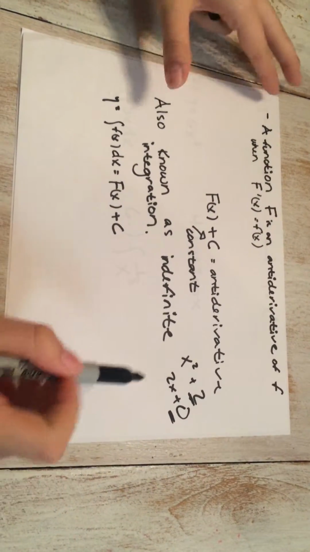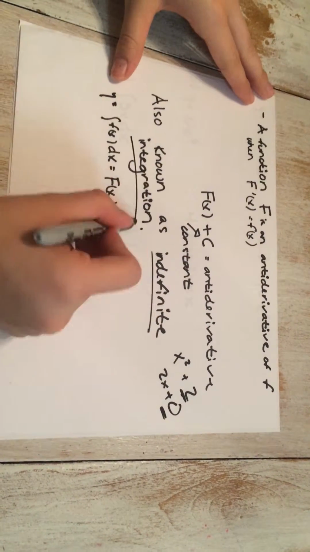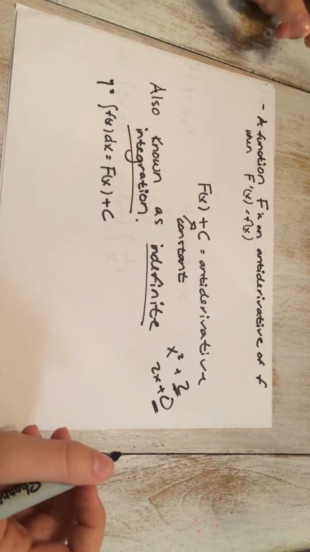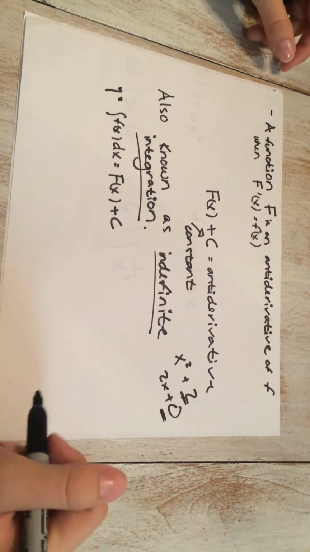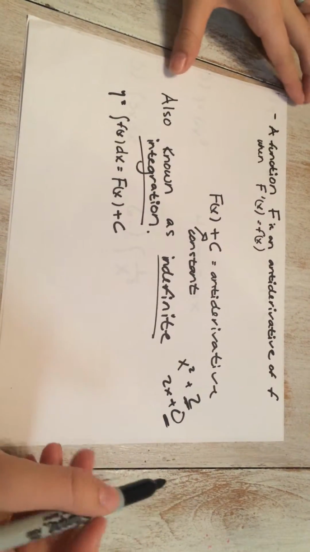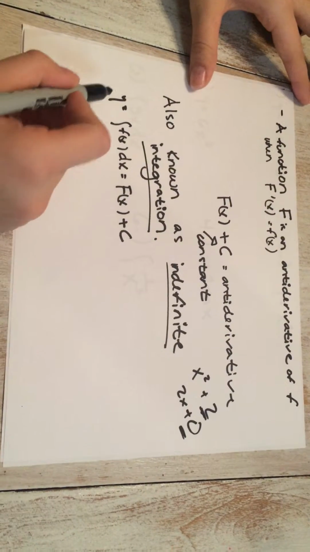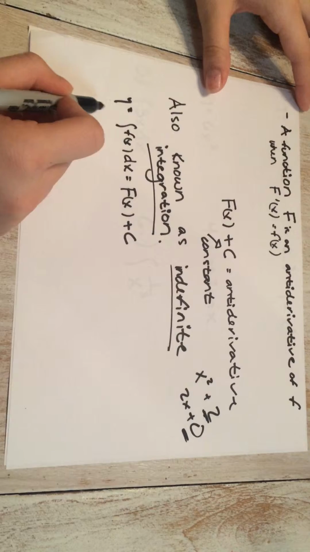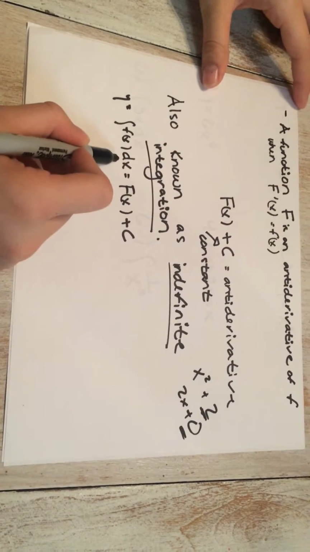Antiderivative is also a synonym for indefinite integration. They're the same things, just different ways of writing the problem and solving it. So indefinite integration is shown through this formula. We have the S figure of f of x dx.